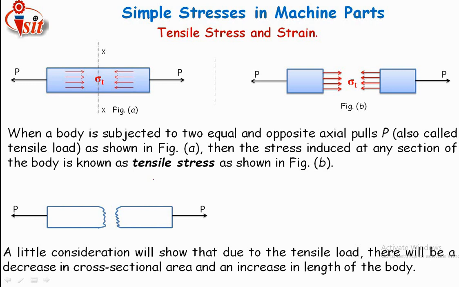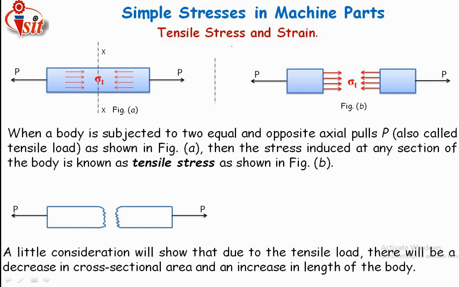Now let's see what the types of stresses are which are induced in a body due to the application of a load. Just go through the basic stresses, that is the direct stresses. Direct stresses get induced due to the application of direct loads, that is the tensile load and compressive load.